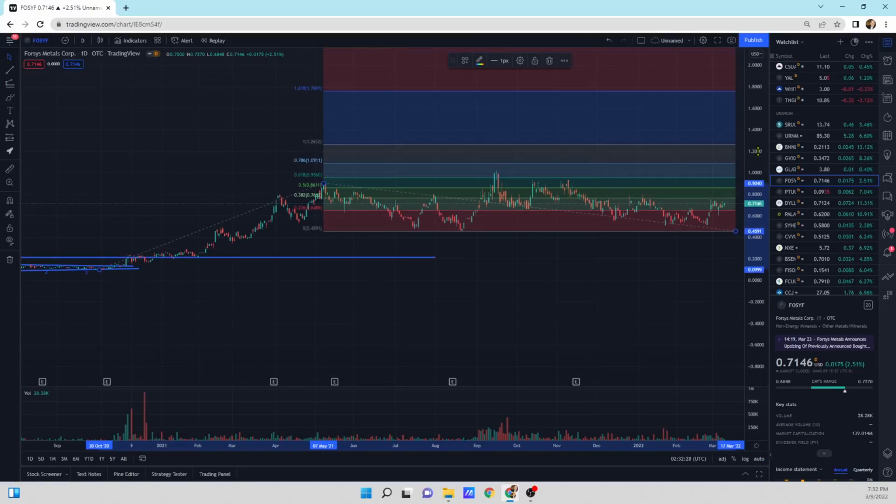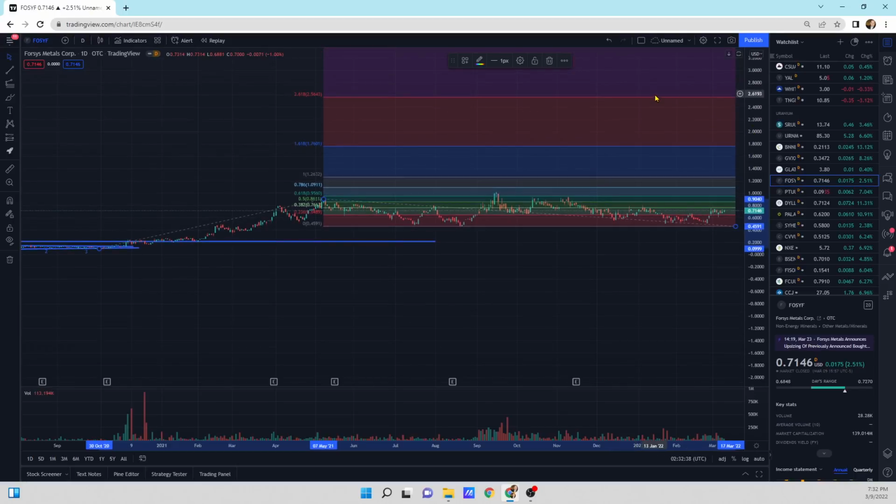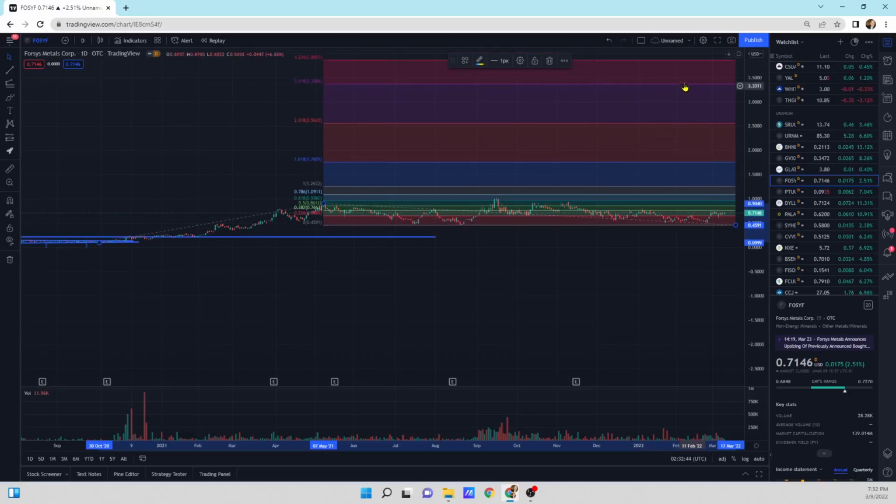A 1.618 puts us at $1.77 from 71 cents. Another move, if we go up above that, puts us at $2.6. And then if we go to the one above that, 3.618, that's $3.4.